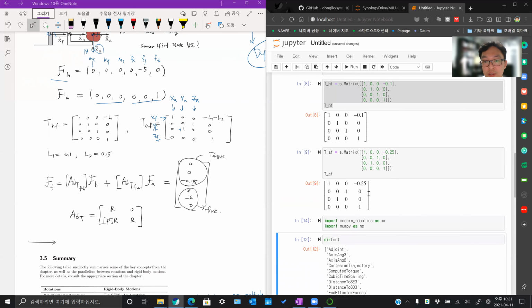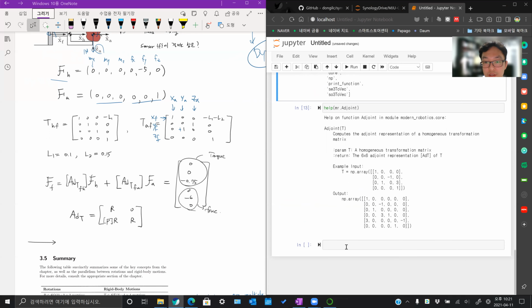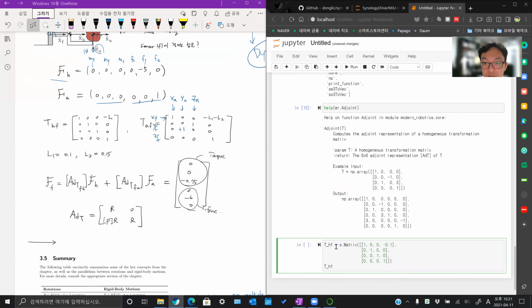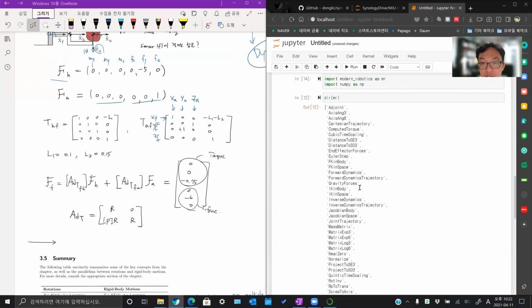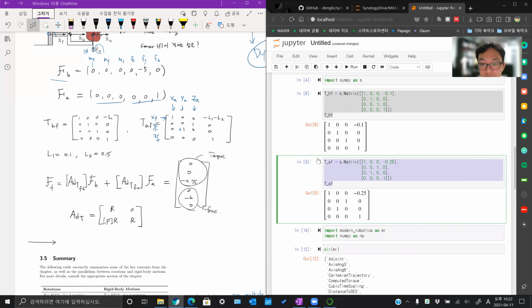Okay, NumPy is imported. Firstly, THF. Let's change it to NP array. Oh, it is done very simply.